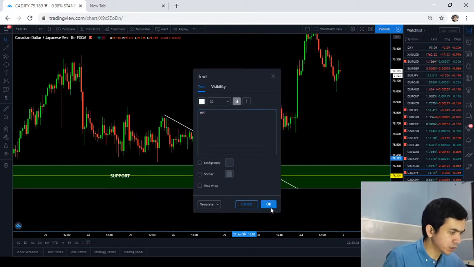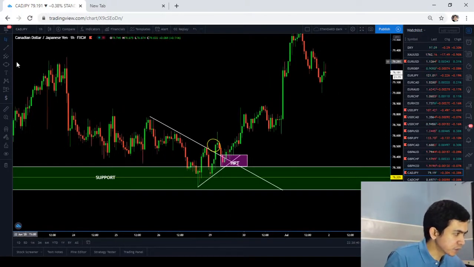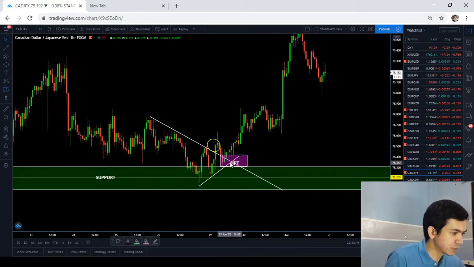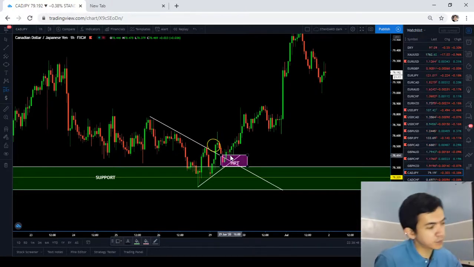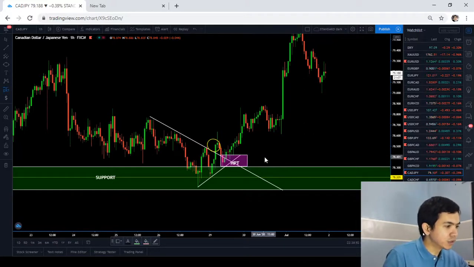Am I going to take the trade now? Pag bumalik siya dito, how much is the risk if ever I would take the long position? And of course, when we look for opportunity, kailangan meron tayong candle confirmation.